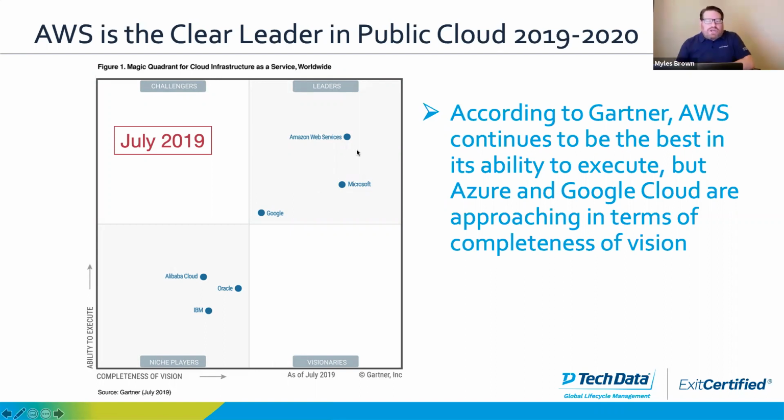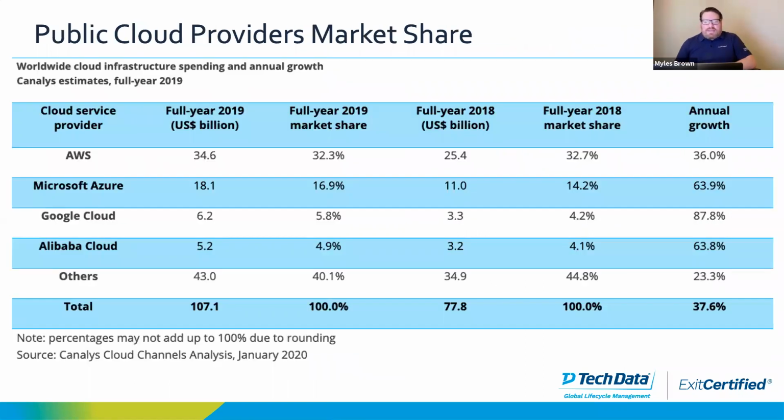What about market share, right? Market share is really tough to determine because not all the providers will say, here's how much business we've done, right? But Canalys is a company that does all kinds of analytics, and they just came out with their report in January, and they said, here's our estimates, right? So some of the companies like AWS, it's a separate company, and so you can actually look and see what their business looks like.